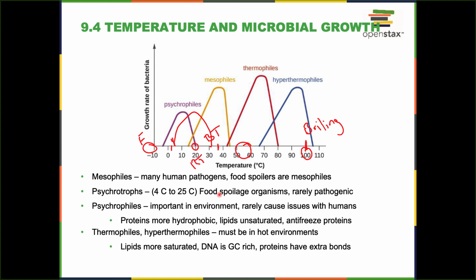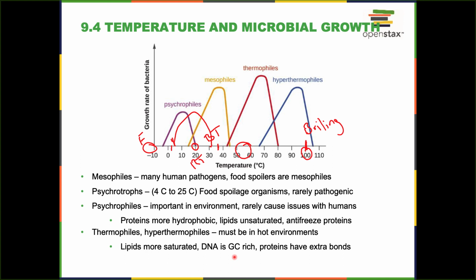And then at hot temperatures, things are going to be the opposite, of course. Lipids, a lot more saturated, keeps it a lot more rigid. DNA is GC rich. Hey, what does that even mean, right? GC. So this refers to our cytosine and guanine nucleotides, right? So DNA is very rich in G's and C's. Why would that help?